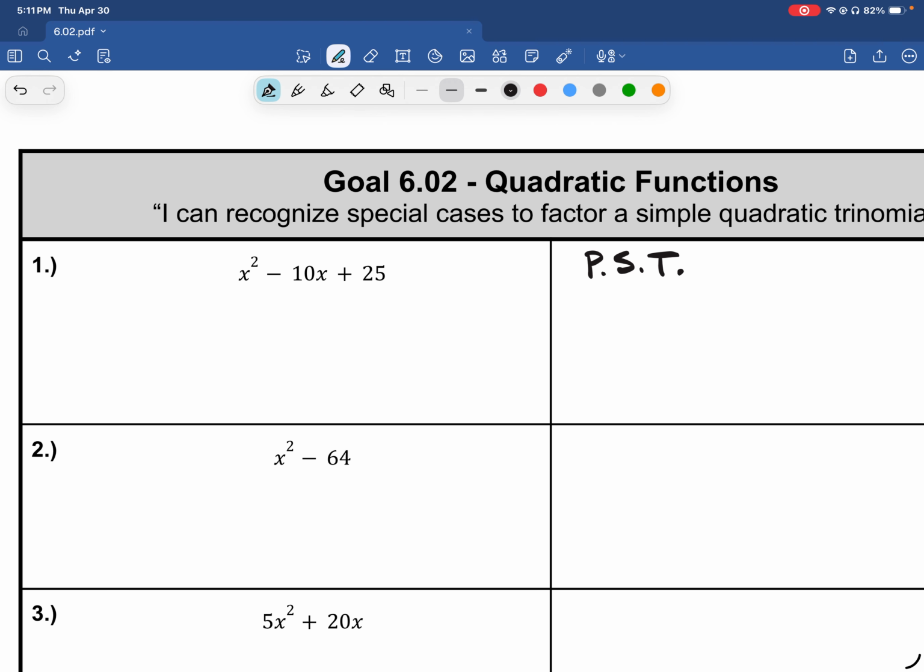And I know that because if I try to factor x squared minus 10x plus 25, I'm going to get x minus 5 times x minus 5, which could be written as x minus 5 squared. It doesn't matter which way you write it, but the fact that it's got two of the exact same factor means that it's a perfect square trinomial.